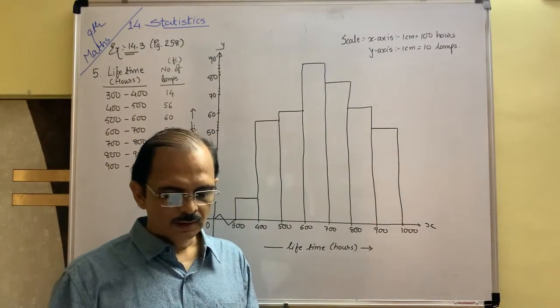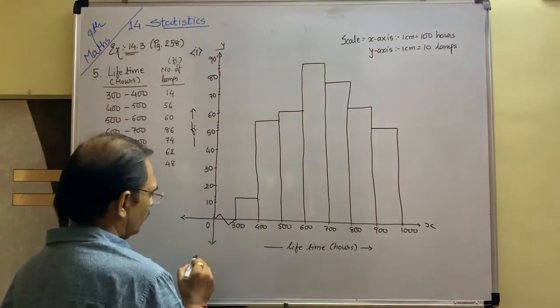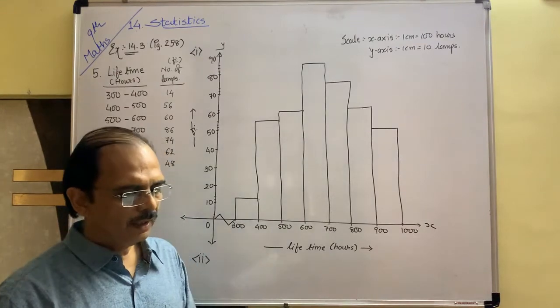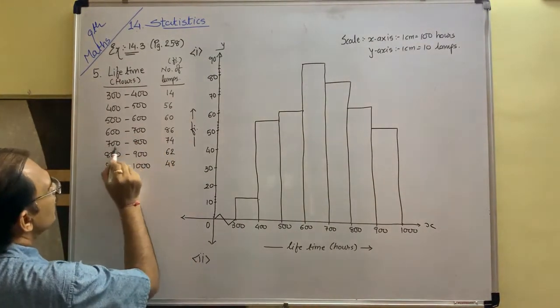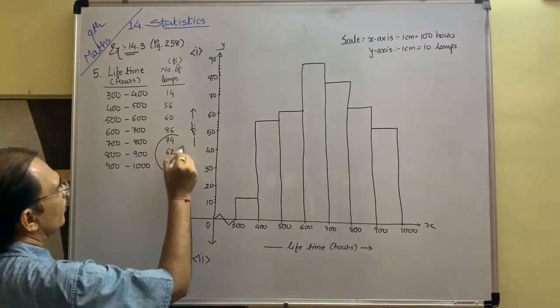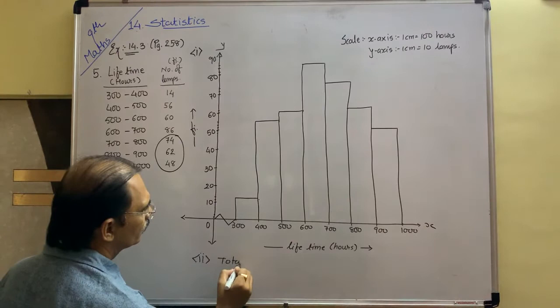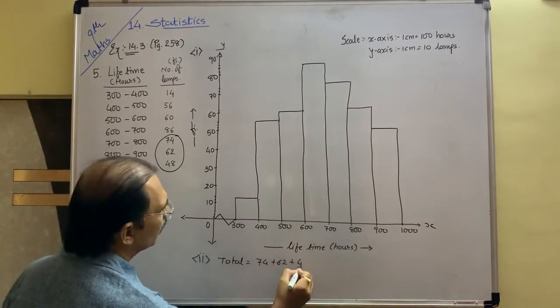Now the second question is what? The first answer is the graph. Second question: how many lamps have a lifetime of more than 700? More than 700, this much lamps, means total 74 plus 62 plus 48.